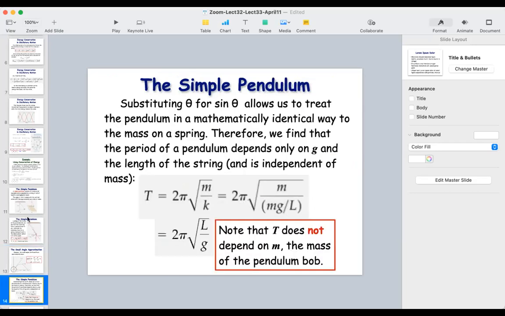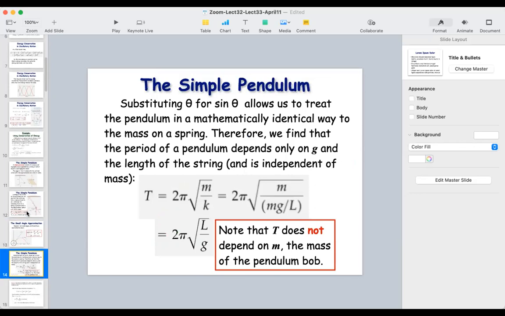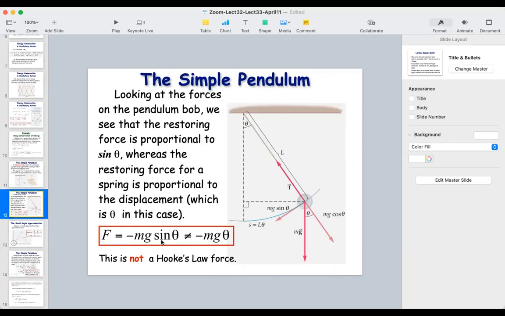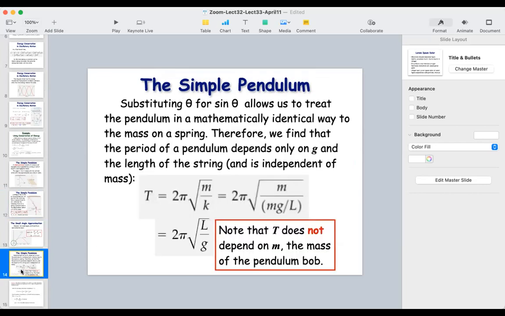And this simplifies a lot, and I will show you later how. So substituting theta for sin theta allows us to treat the pendulum in a mathematically identical way to the mass on a spring. Therefore, we find that the period of the pendulum depends only on g and on the length of the string.